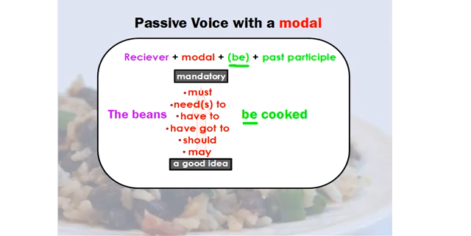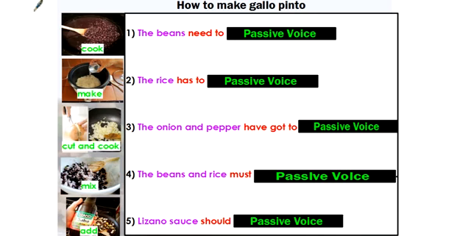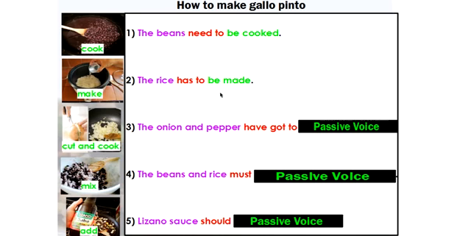Very good. So let's practice. So how to make gallo pinto? Well, the first thing we said, we remember, is that the beans need to be cooked. Okay? The modal, be, and the past participle. Very good. Next is the rice. So, the rice has to be made.